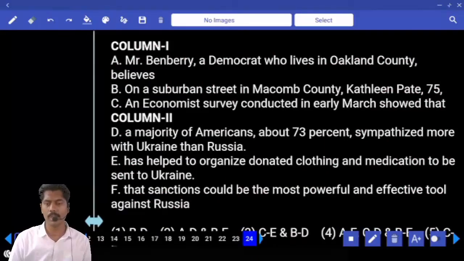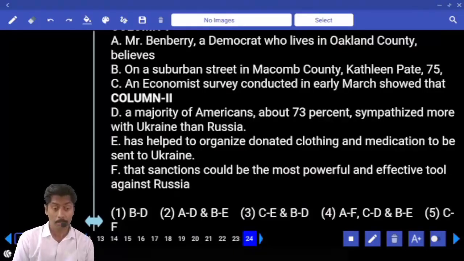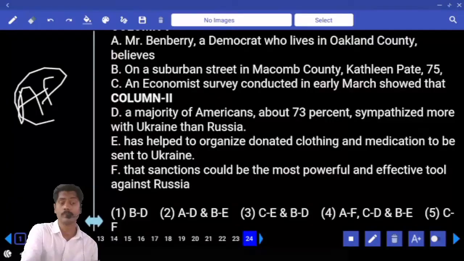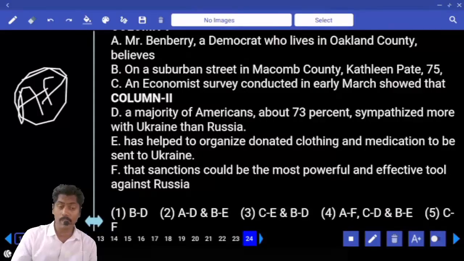Mr. Benberry, a Democrat who lives in Oakland County, believes a majority of Americans. He believes that sanctions could be the most powerful, effective tool against Russia. Maybe AF. On a suburban street in Macomb County, Kathleen Pate, 75. Kathleen Pate has helped to organize donated clothing.